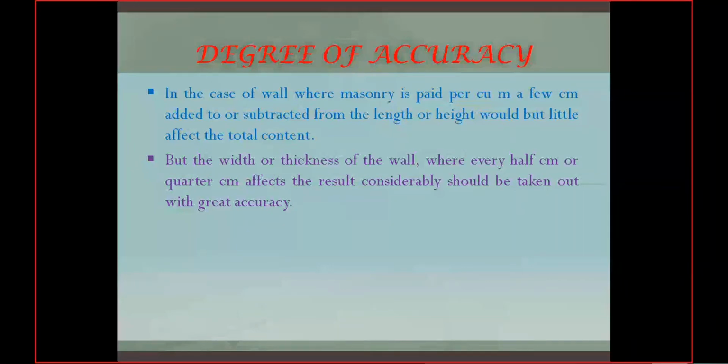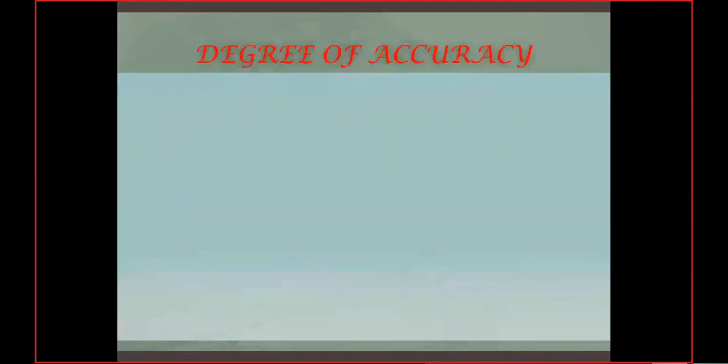So again, the quantity may be computed here, and we need to take up to 2 decimal places. The quantity of the brickwork also needs 2 decimal places. Coming to the dimensions, how near a value do we need to take?